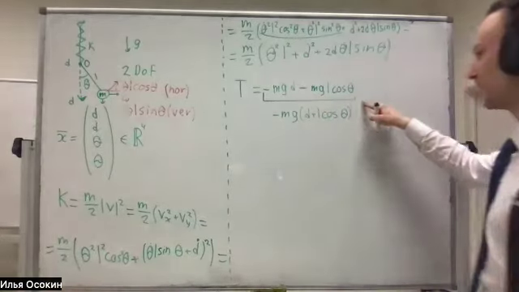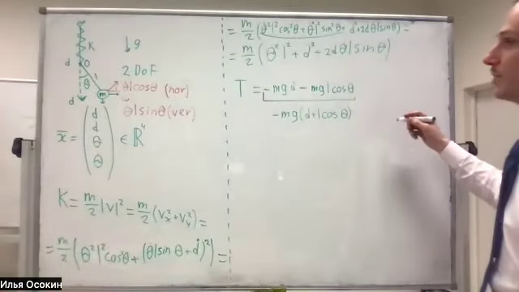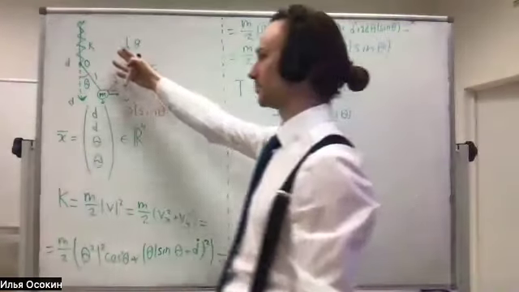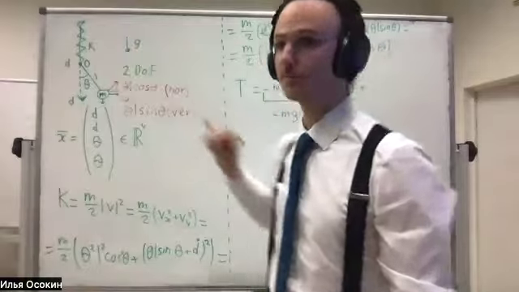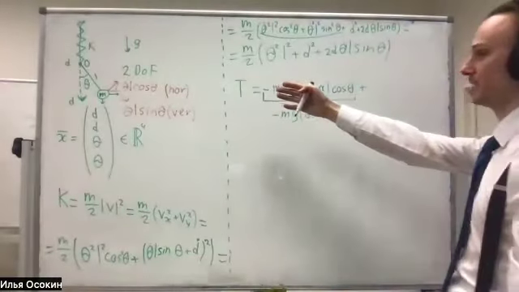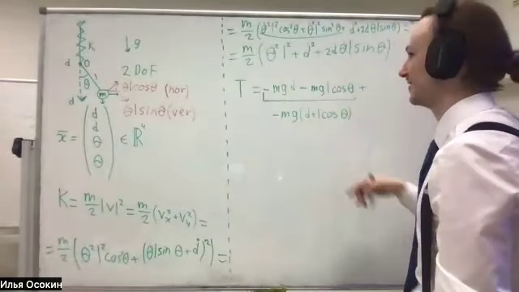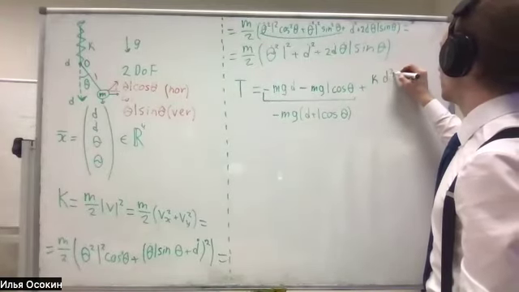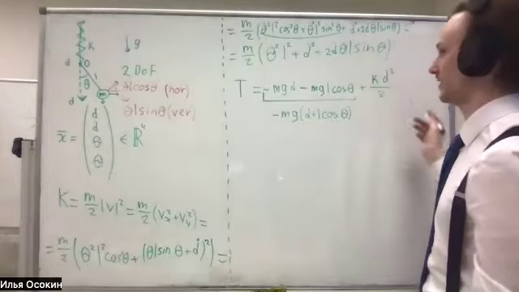And the second part of the potential energy will be due to the spring being deformed. And it's much simpler than this because it's just k d squared over 2. That's it.